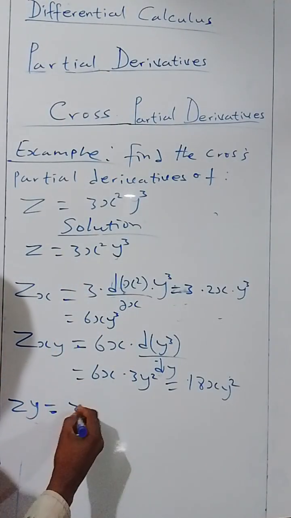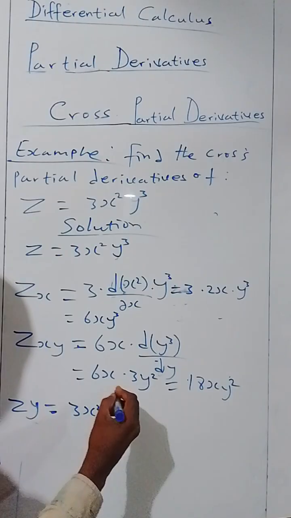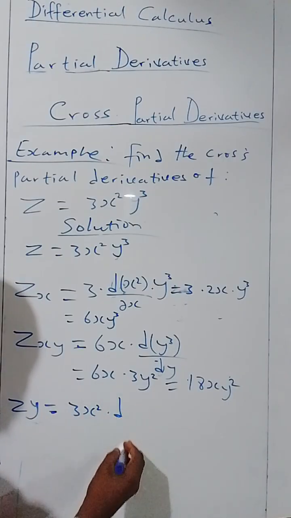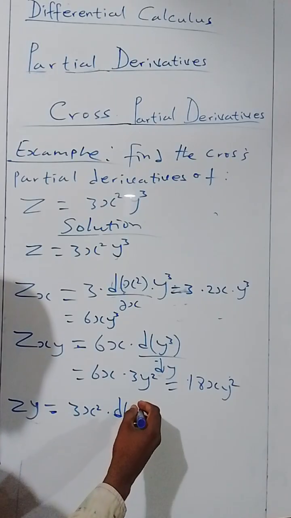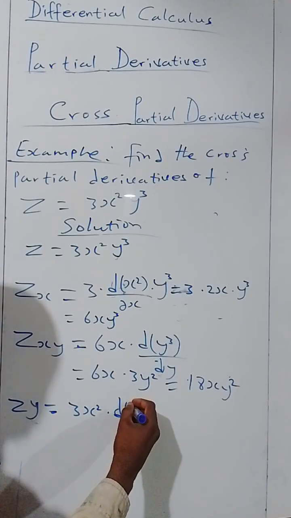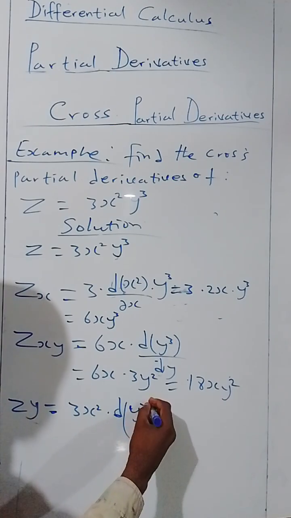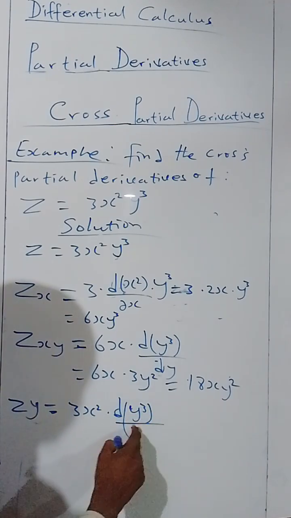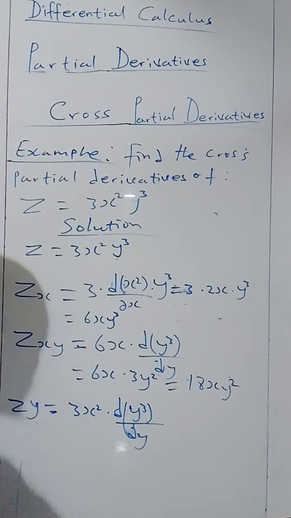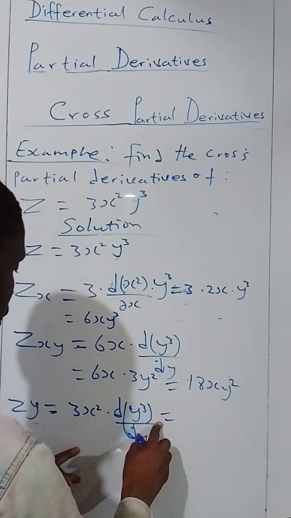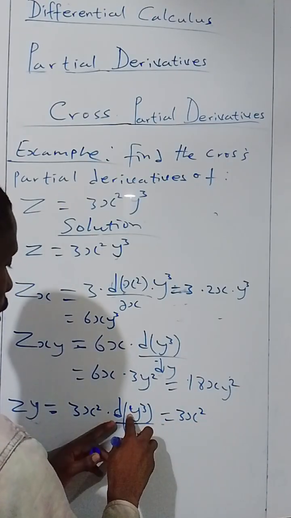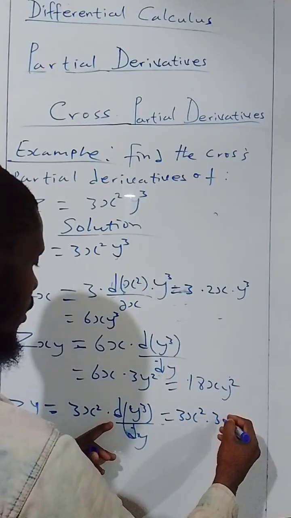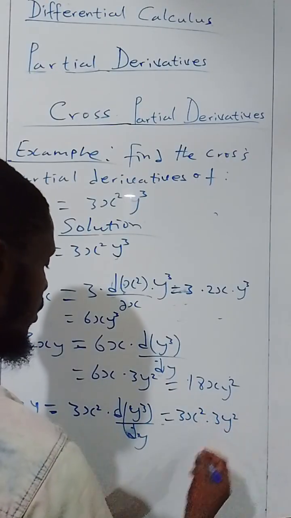You have 3x squared, you hold it constant, then you differentiate y raised to power 3 with respect to y. Then this will be equal to 3x squared multiplied by 3y squared.